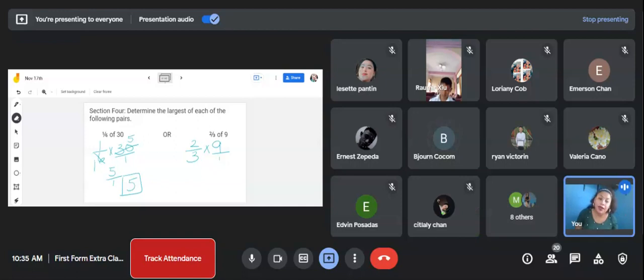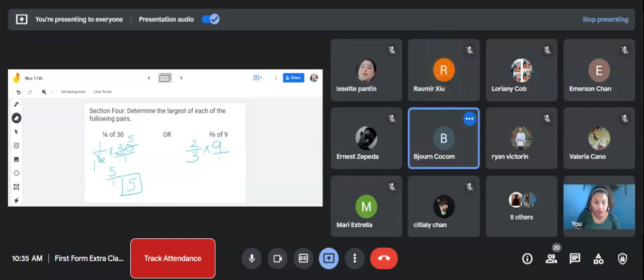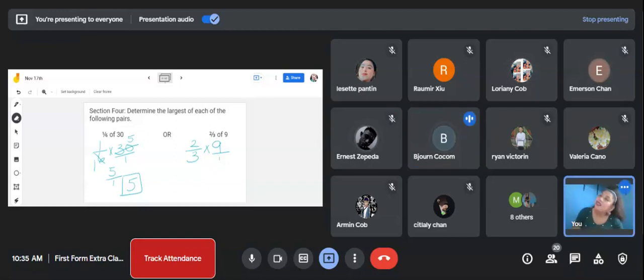And we do the same thing with the other question. You have 2 over 3 times 9 over 1. Can you cancel? Yes or no? Yes, Miss. You can cancel 3 and 9 by what? By 3. 3 into 3 goes how many times? 1.